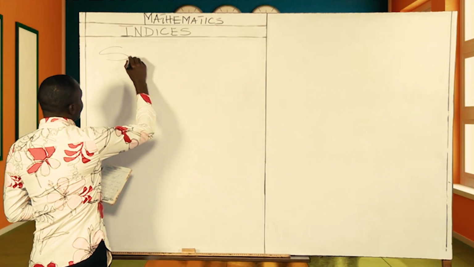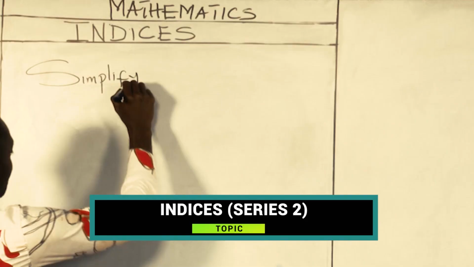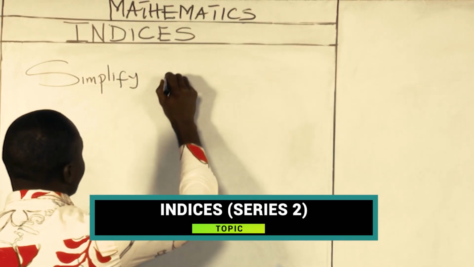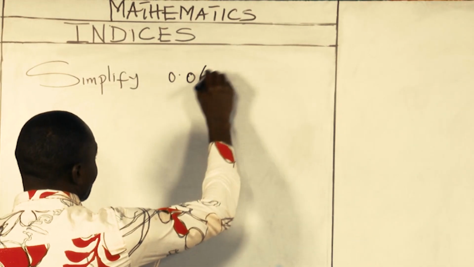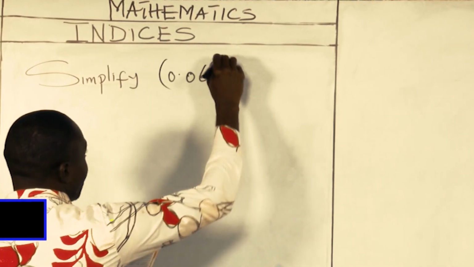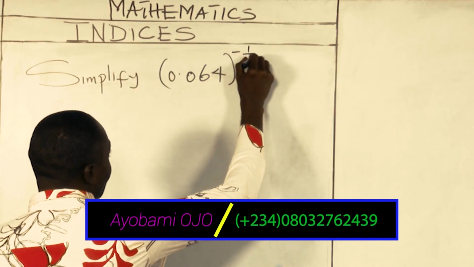Simplify 0.064, everything raised to the power minus 1 over 3.